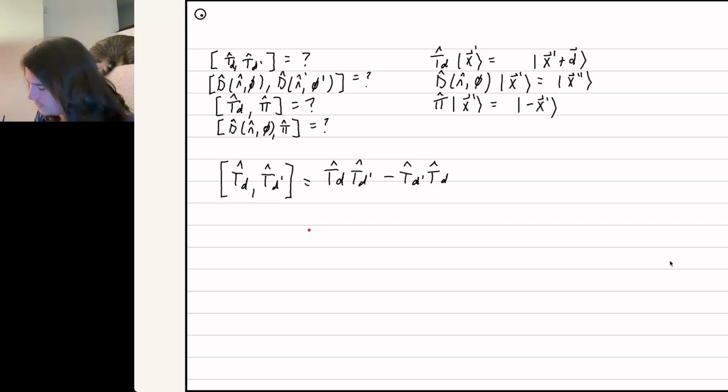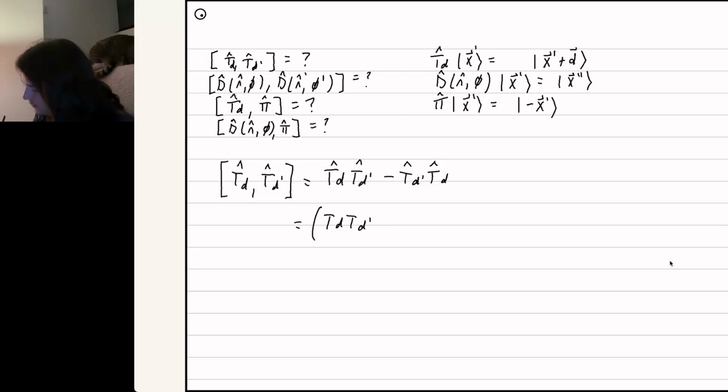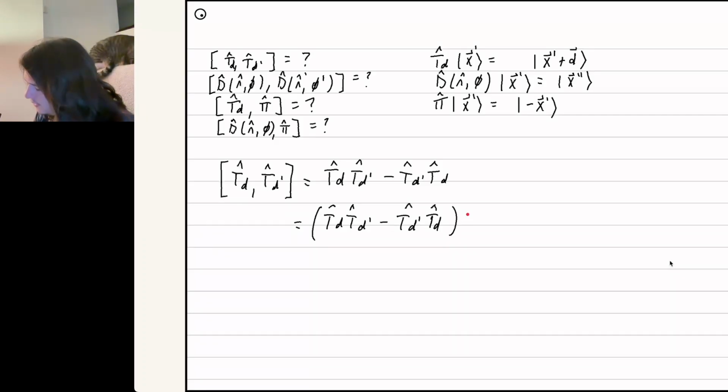We can multiply this by a complete set of states. In fact, I'm going to be doing that for all of these problems, because you can, and it makes the commutators easy to read. The complete set of states being x prime, x prime.